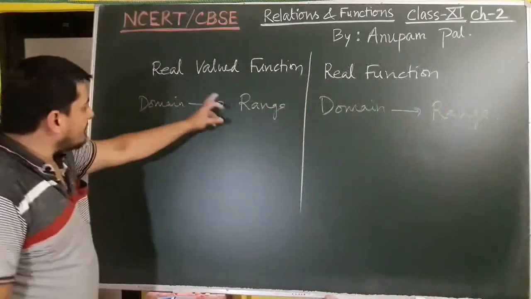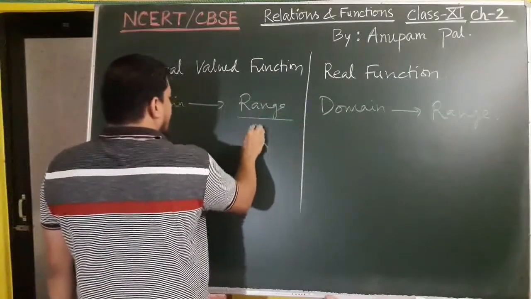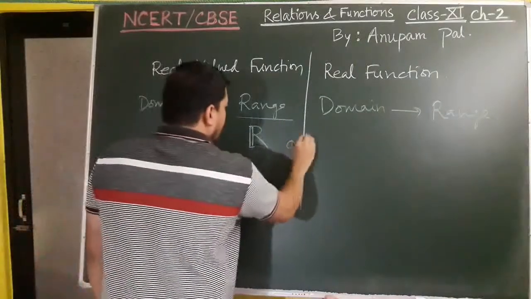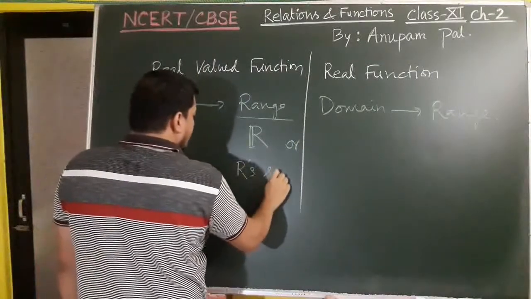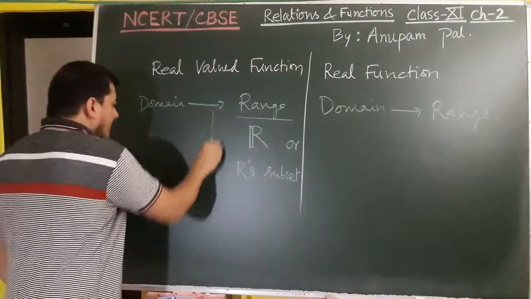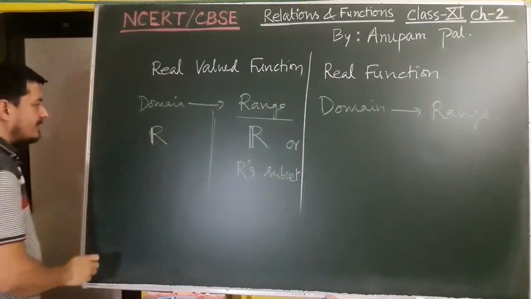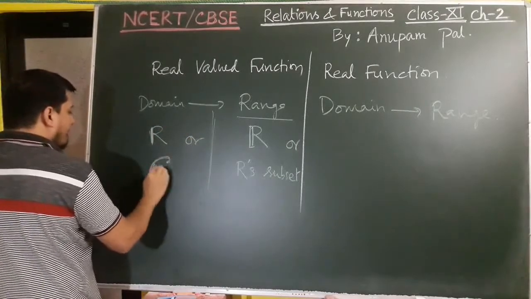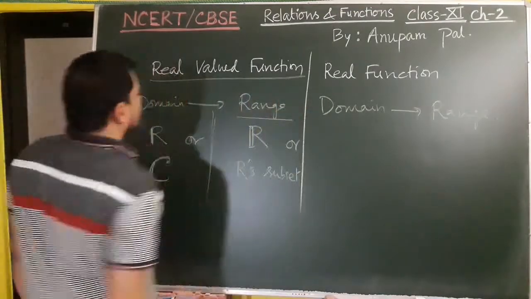Now in case of a real valued function, this range will always be the set of all real numbers, R, or a subset of R. And the domain can be R or its subset, or it may be complex numbers in case of a real valued function.